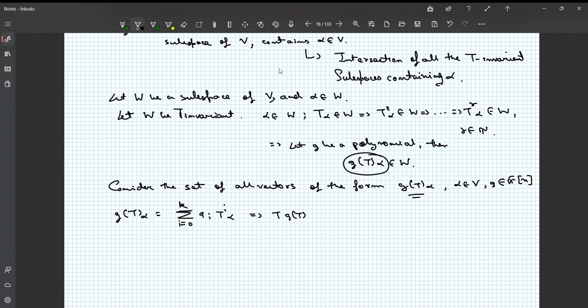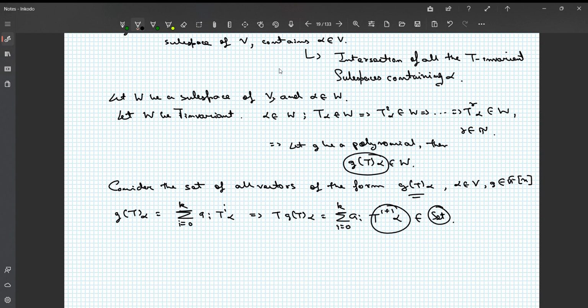Then T of g(T) alpha is the summation from i equals 0 to k of a_i T to the power i plus 1 alpha, since the a_i are constants and simply come out of the image under T. But this is still a polynomial in T applied to alpha, so it is still inside the set. Therefore it's obviously a T invariant set.